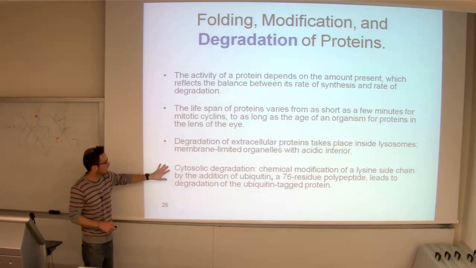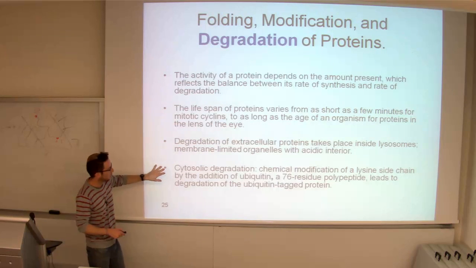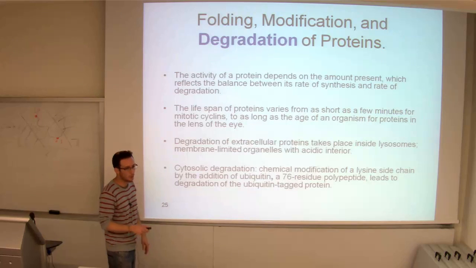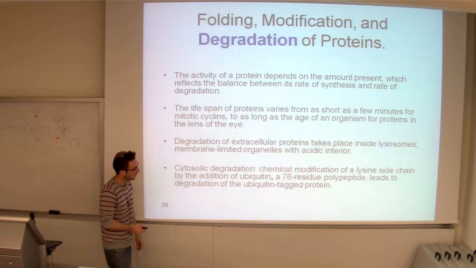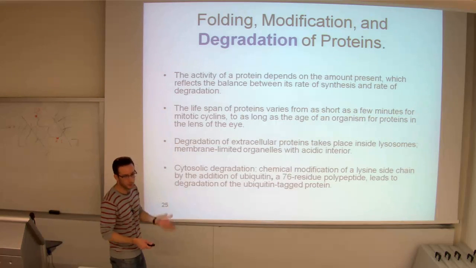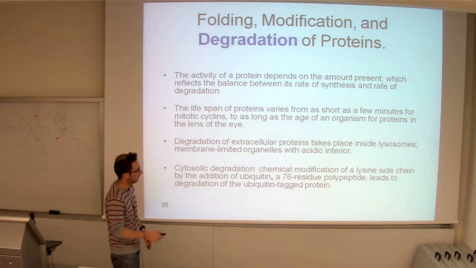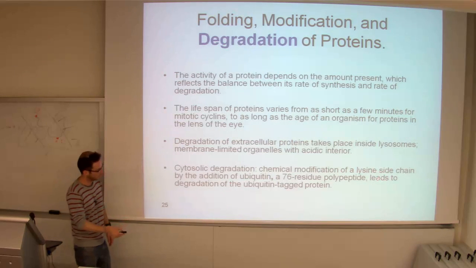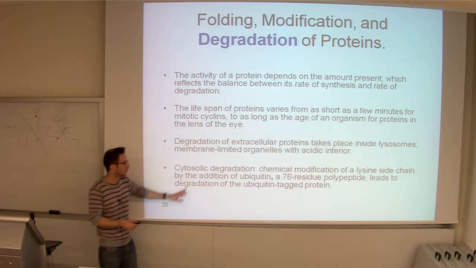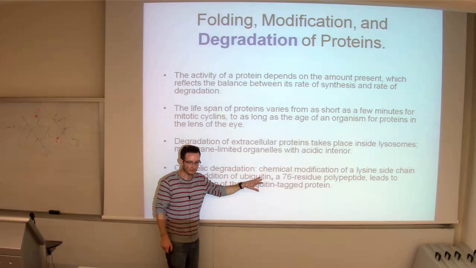But intracellularly, inside the cytosol, the degradation is by a process called ubiquitination. It's another kind of chemical modification, always occurring on a lysine chain, by the addition of a molecule called ubiquitin.